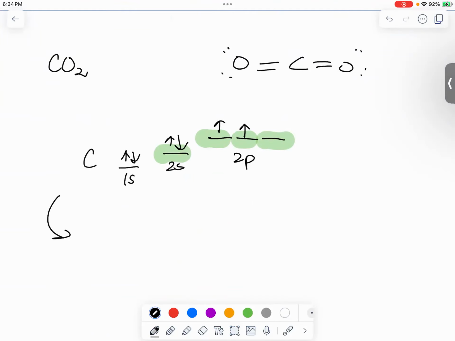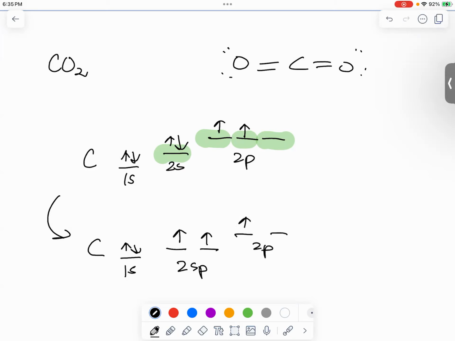So, after hybridization, it becomes something like this. So this hybridization only involves one 2s and one of the 2p orbitals. So therefore, just 2 orbitals being hybridized, and the rest are just 2p.